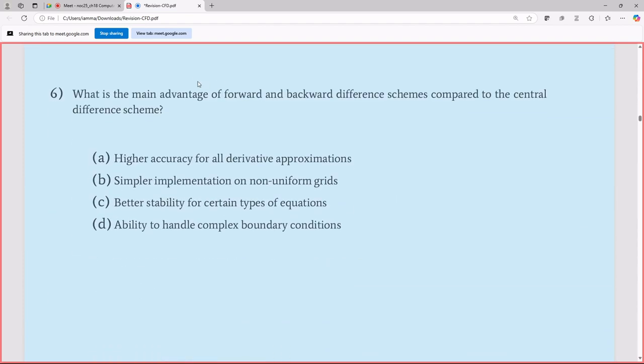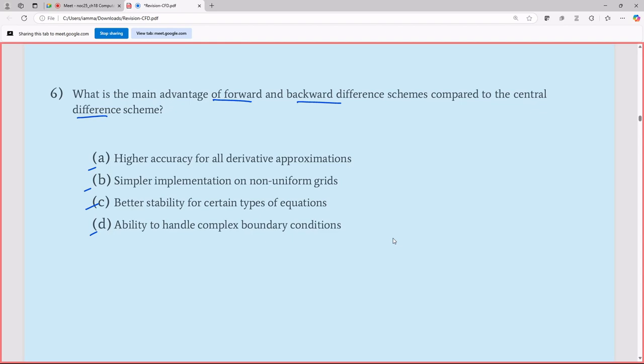Moving to the next question. What is the main advantage of forward and backward difference schemes compared to the central difference scheme? Options are: option A, higher accuracy for all derivative approximations; option B, simpler implementation on non-uniform grids; option C, better stability for certain types of equation; option D, ability to handle complex boundary conditions.